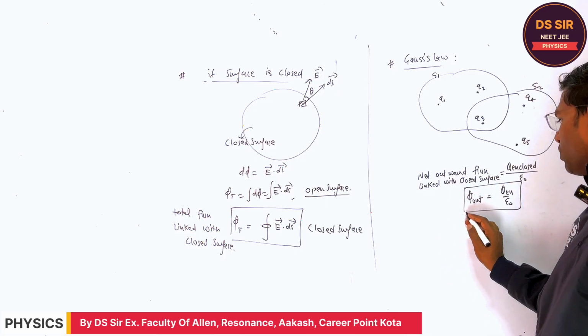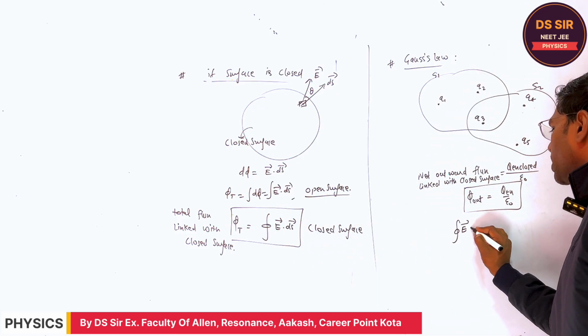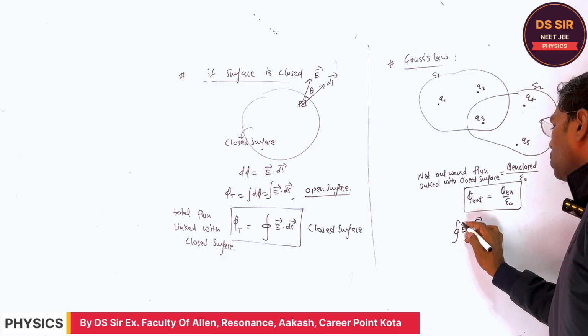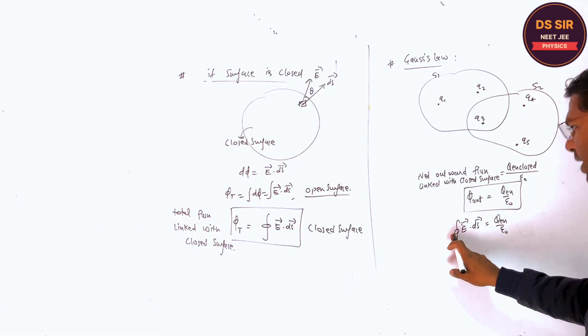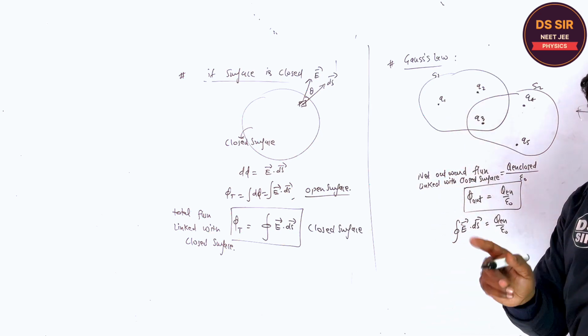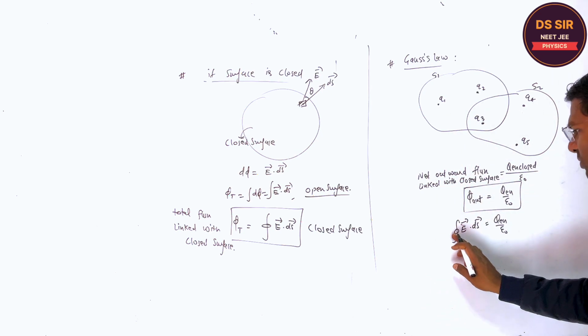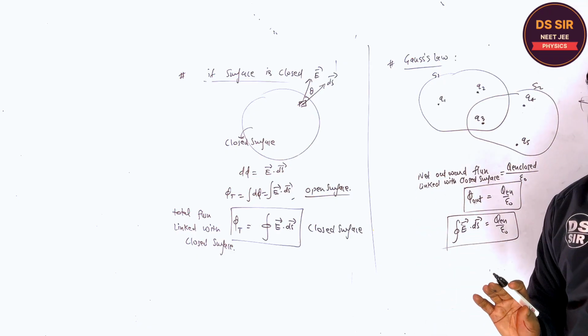So the net outward flux linked with a closed surface is the closed integral of E dot ds, equal to Q enclosed divided by epsilon naught. Whenever you write Gauss's law, it is always for a closed surface, not an open surface. That is why this circle comes over here. Is it clear or not?